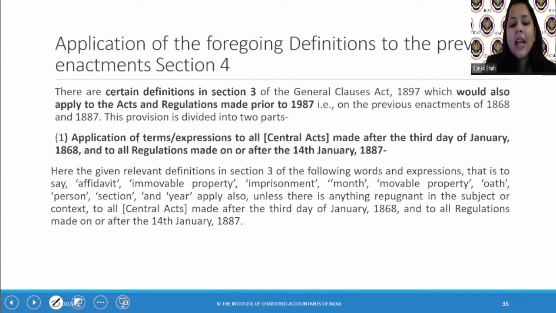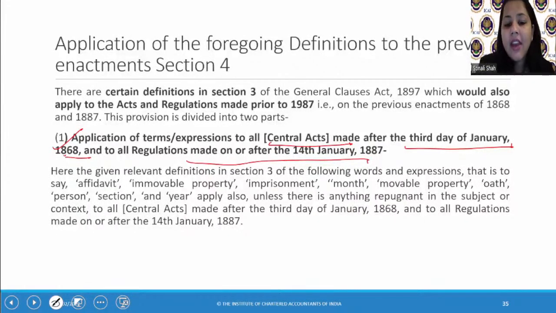So the first subclause lays down certain definitions that will be applicable to central acts made after 3rd day of January 1868 and regulations made on or after 14 January 1887. Pay attention to these words, on or after.